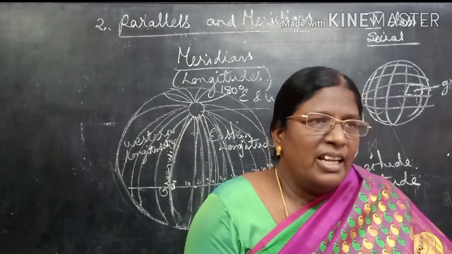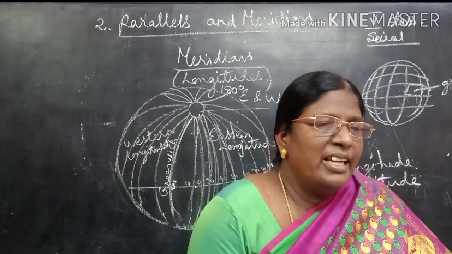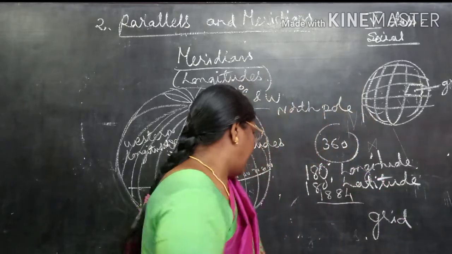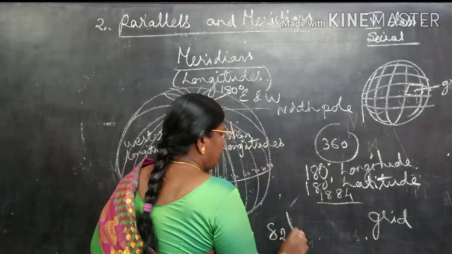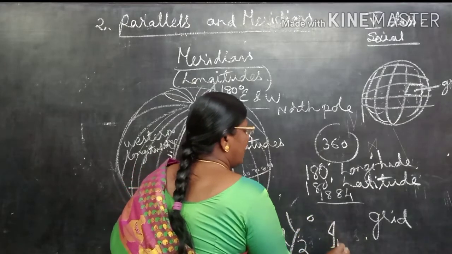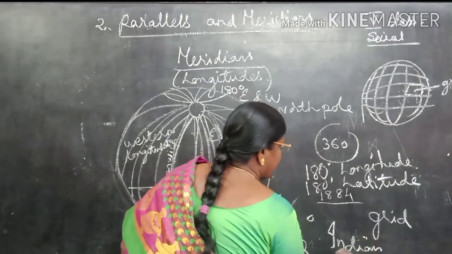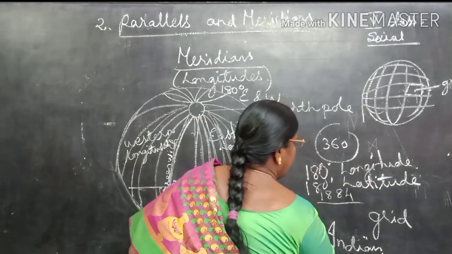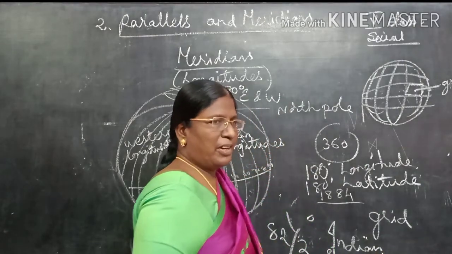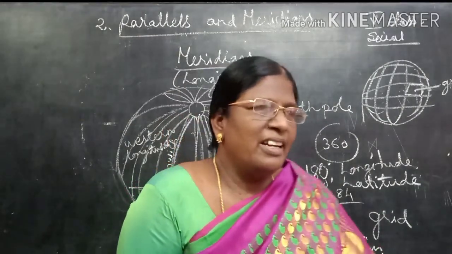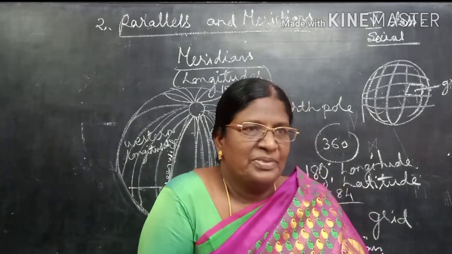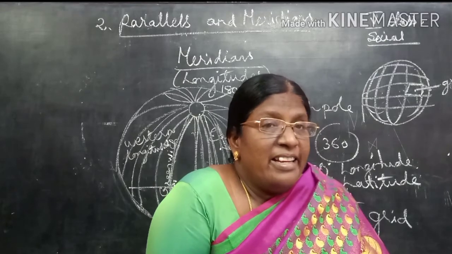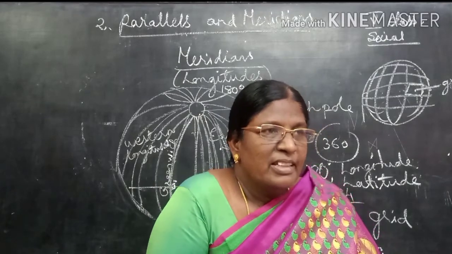The Indian Standard Time meridian is 82.5 degrees. But the 0-degree Greenwich Meridian Time was observed and measured in London in the year 1884. Can you follow?